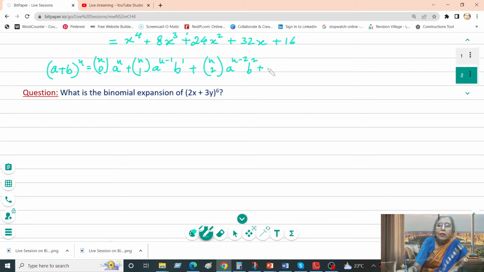It goes on till we come to nCn and b to the power of n, with a plus sign. So this is the binomial expansion and there will be 7 terms in this case because n is equal to 6.